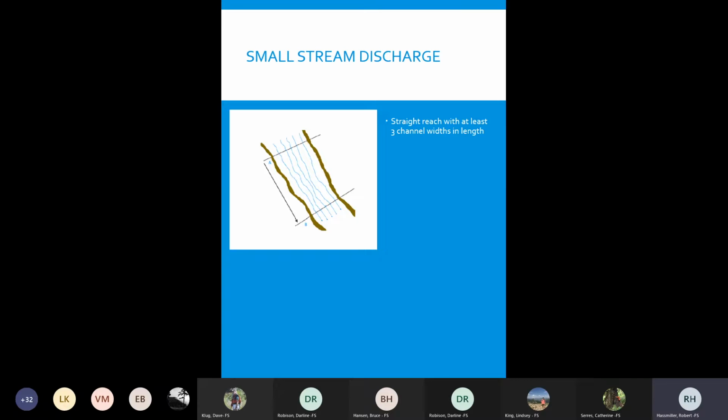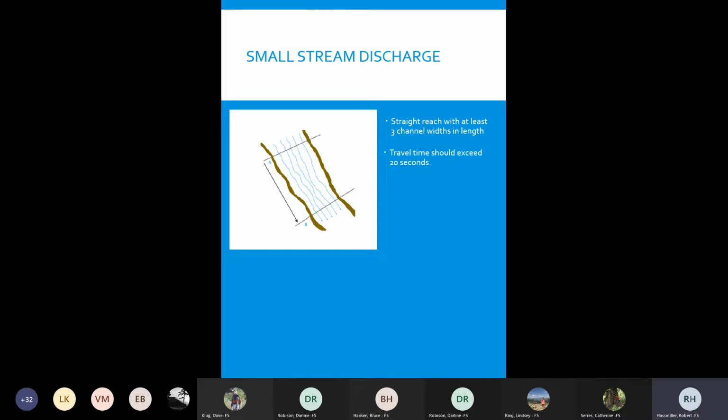I'm curious if folks have been playing with these, and would love to hear your feedback. What we did was glean some guidance from USGS reports on how to collect the most accurate stream flow measurements without very expensive instrumentation. We start by getting a straight reach at least 3 channel widths in length, from A to B, and we have a tagline set up.